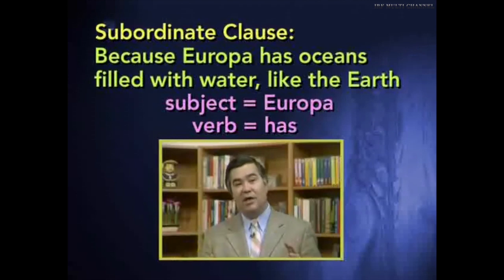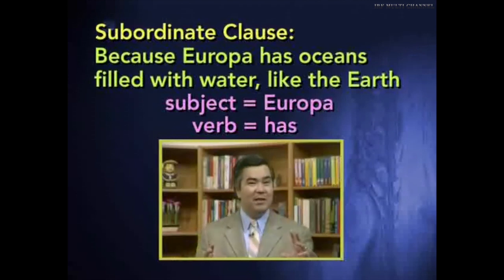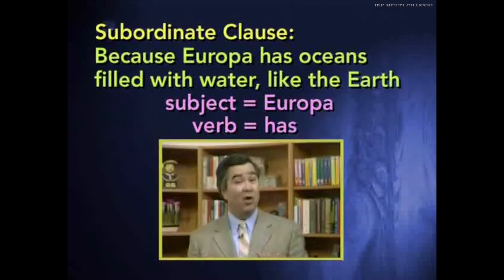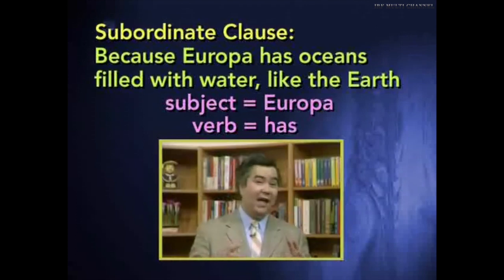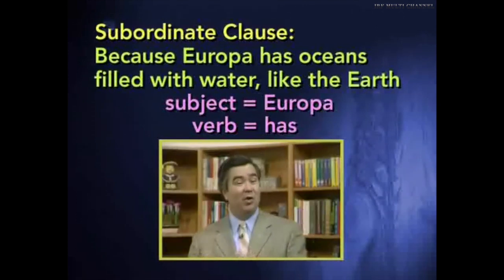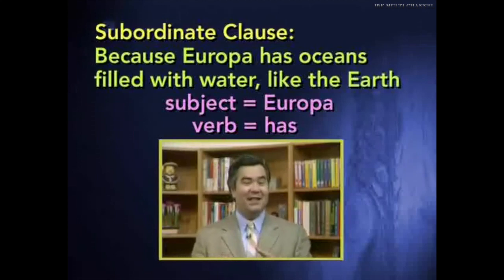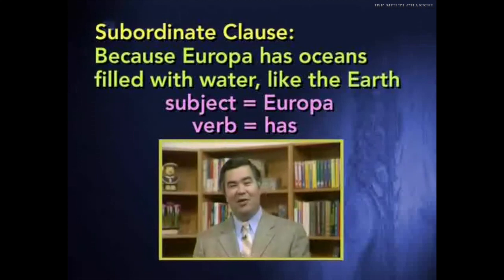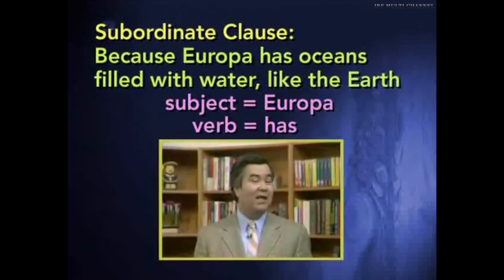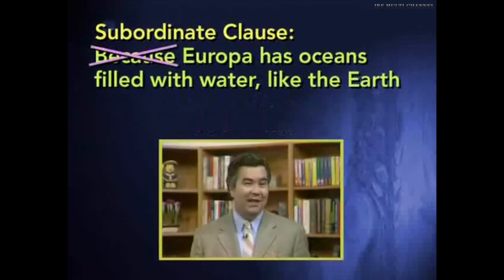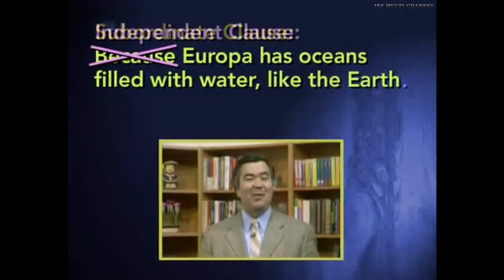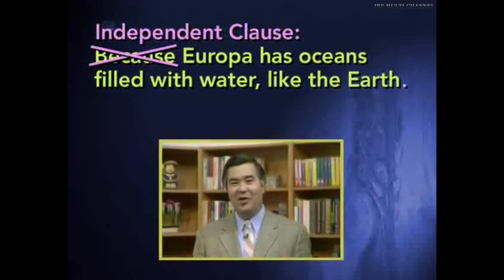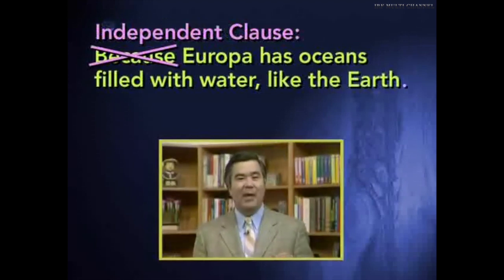This is a subordinate clause because it begins with the subordinating conjunction because. Notice that having the subordinating conjunction because there makes this into a subordinate clause. If you were to take away that subordinating conjunction, the sentence would become an independent clause. It could stand alone as a sentence. The sentence would then say, Europa has oceans filled with water like the earth.